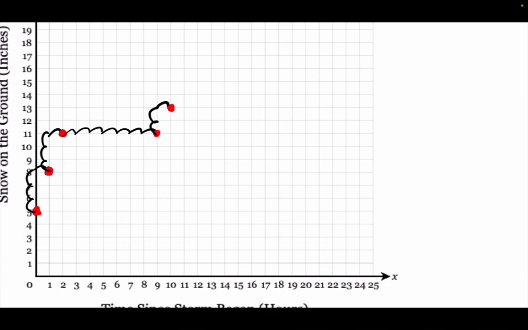That's 1 hour. That's 2 hours. Right? Each of those dots represents an hour. So in 2 hours, we're at 11 hours since it started, and we're 15 inches high. 15 inches high. Okay.